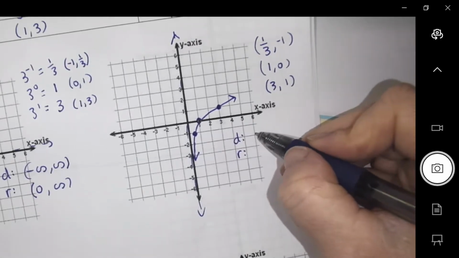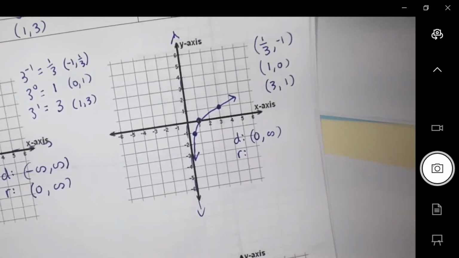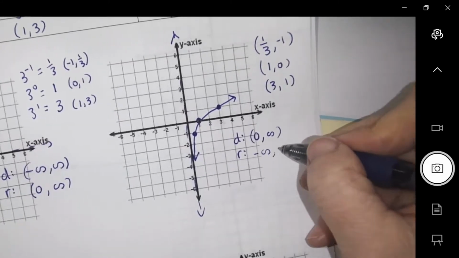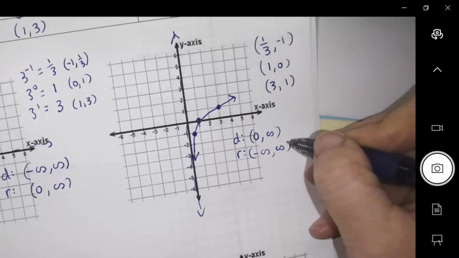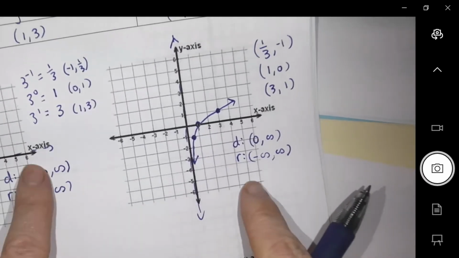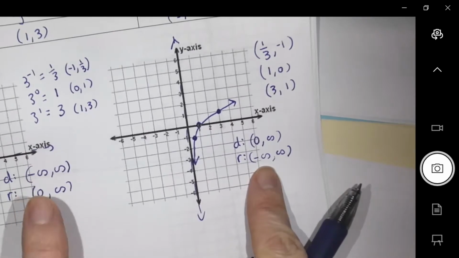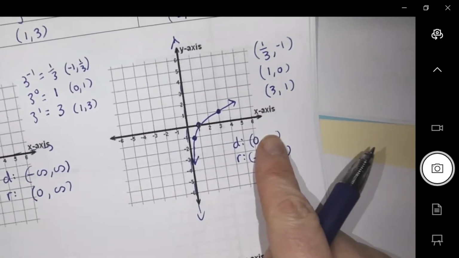The domain is 0 to infinity, from 0 and then right. And then the range is negative infinity to infinity. So what's the connection with the domains and ranges? They would switch, right? The domain of this is the range of this. The range of this is the domain of this. Because of the x, y, they're just switching.